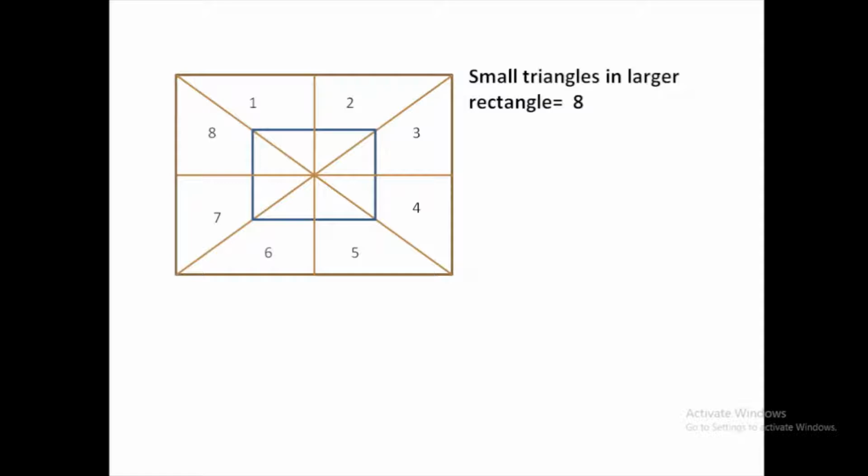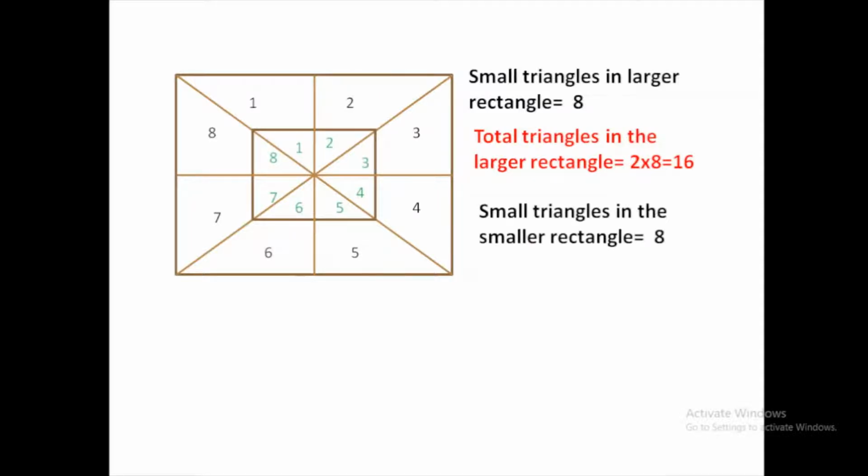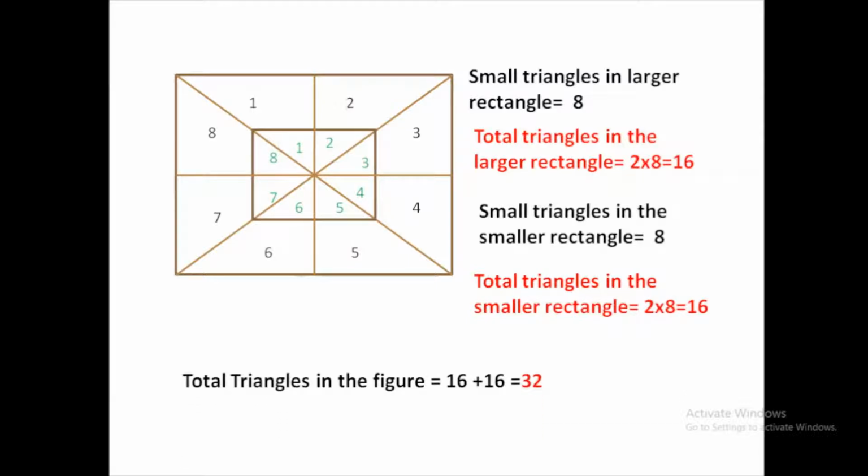So according to the formula, total number of triangles in the bigger rectangle is 16. Now let's take the smaller rectangle. It has 8 small triangles. So, according to the formula, the smaller rectangle also has 16 total triangles. So, in the entire figure, we have total 32 triangles. Can you just believe?